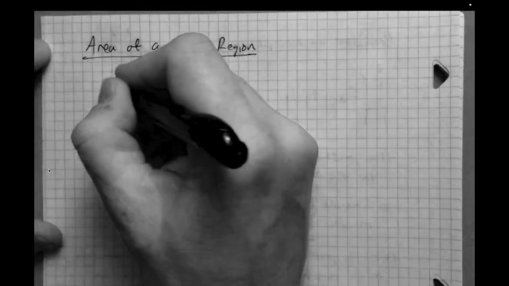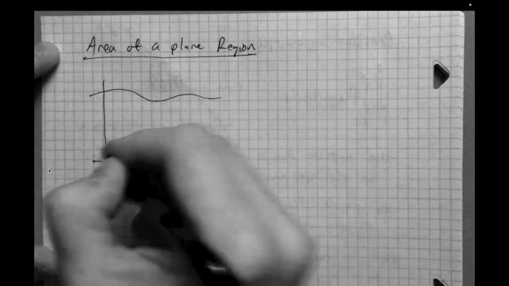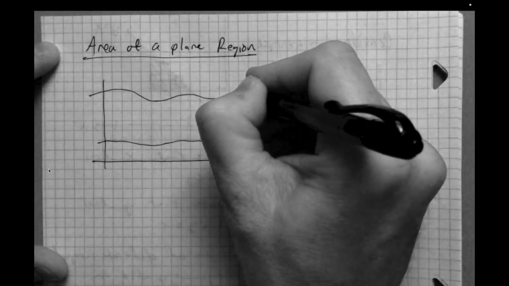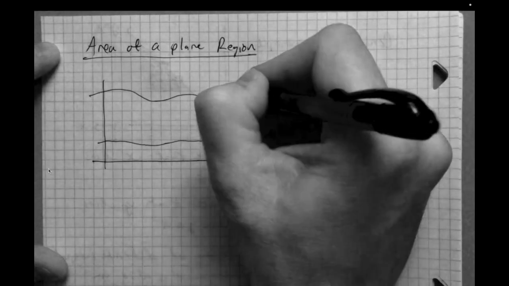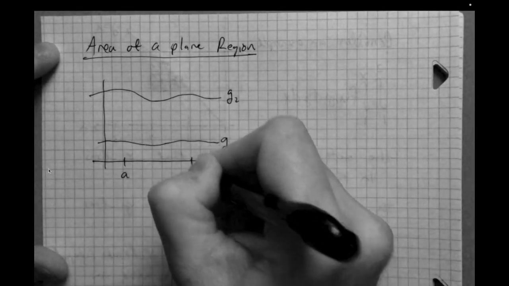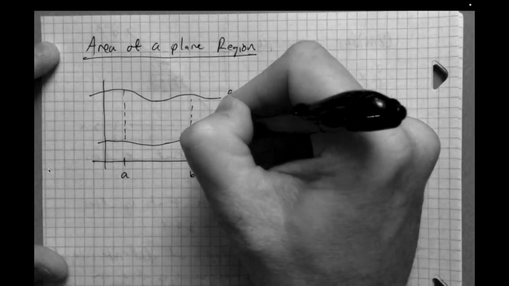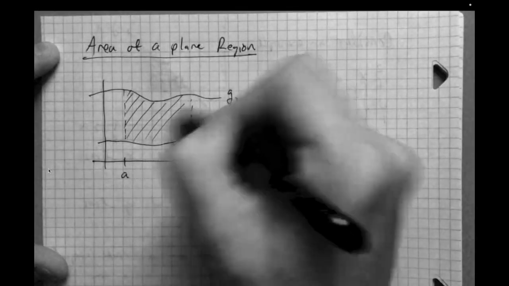Specifically, let's say I have two functions, g1 and g2, and I'm interested in the region from a to b between these two functions.